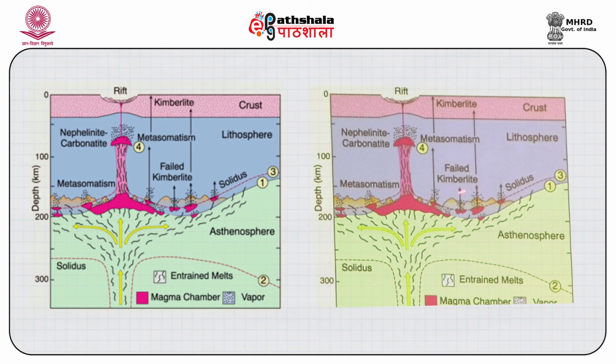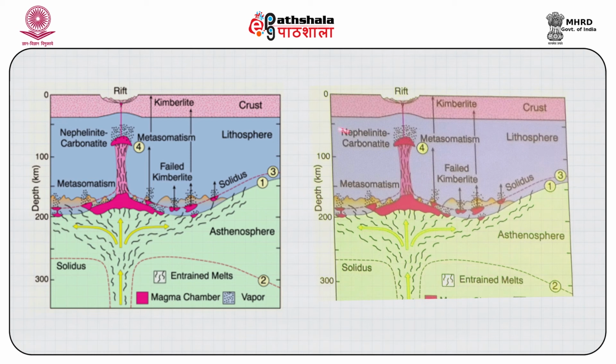And many times these cannot come to the surface, then they get crystallized here, and then they come out as xenoliths in the younger rocks that come. So, this is a very good example that metasomatism is taking place in the mantle at different tectonic conditions, be it a rift setting or be it a subduction zone.